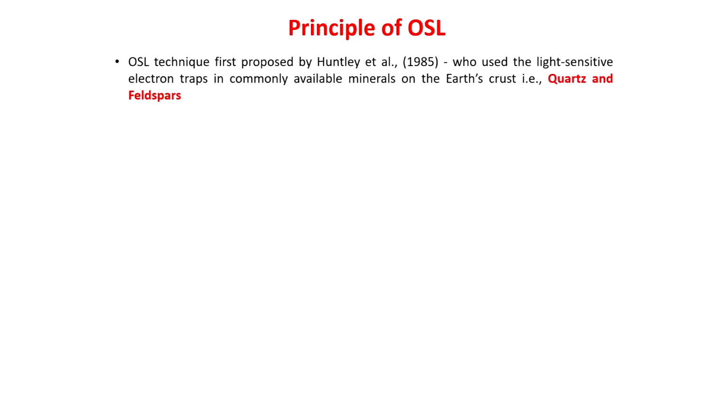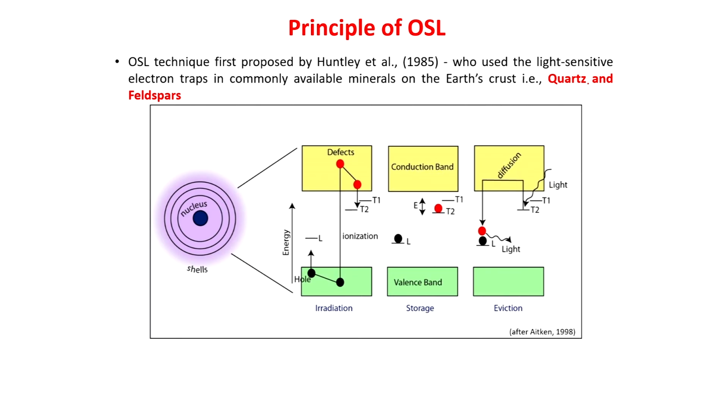So, the OSL technique was first proposed by Huntley, who used the light sensitivity of electrons trapped in commonly available minerals in the earth's crust, that is mainly quartz and feldspar. So, this is the overall process that we learn. It follows three stages.